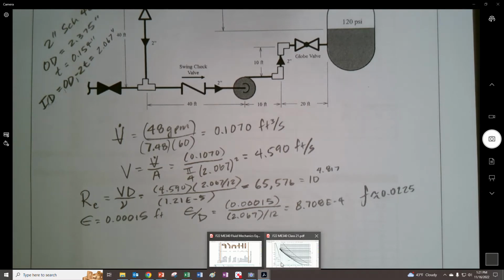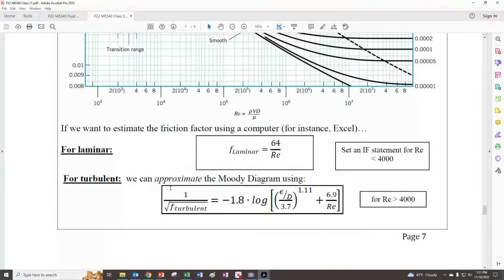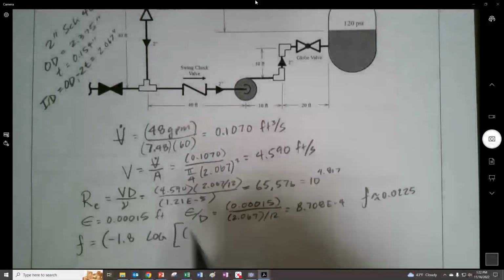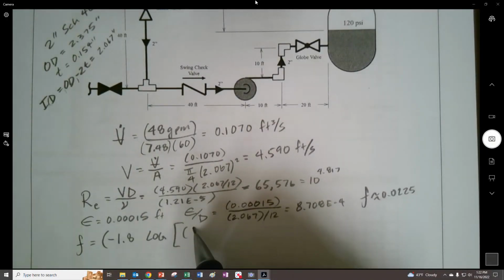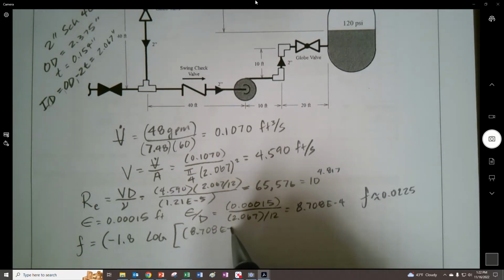Let's see. I'll bring the equation down here. We could put it into this equation right here, which we can write as F is equal to the quantity of 1.8 times the log base 10 of the, let's see, I'll bring this over to the side. And so we do the ratio of the friction factor right there. So it's 8.708 E minus 4 divided by 3.7.